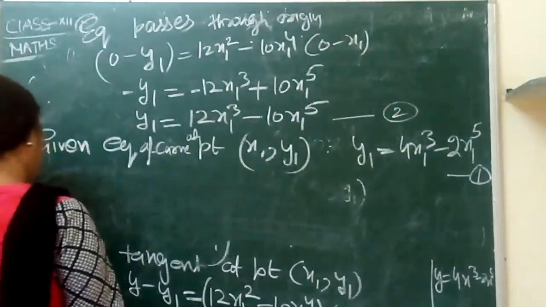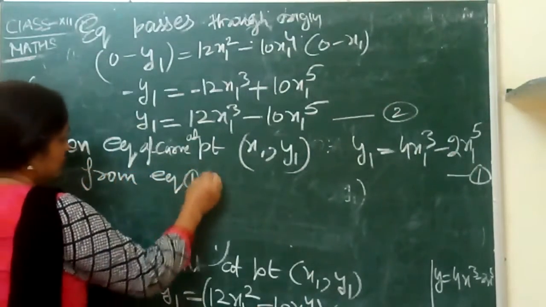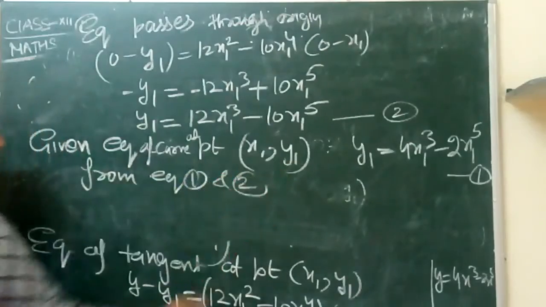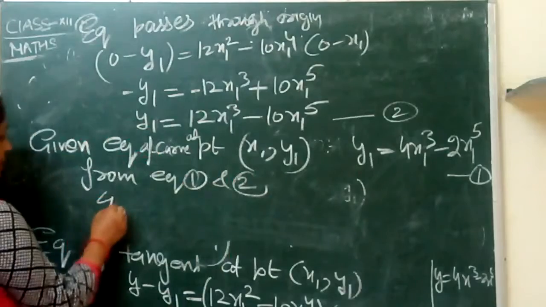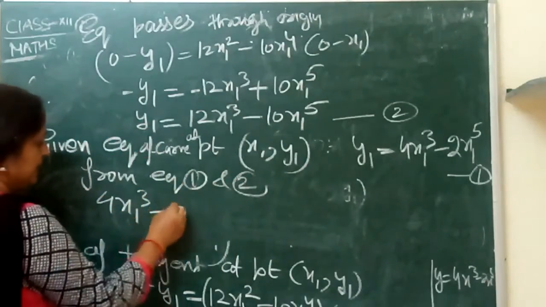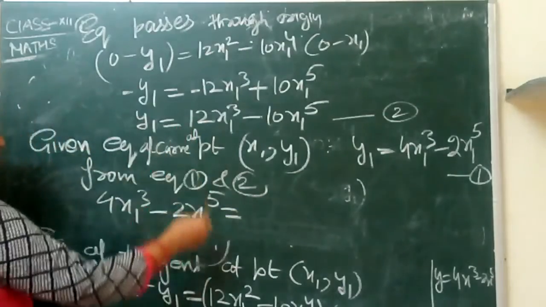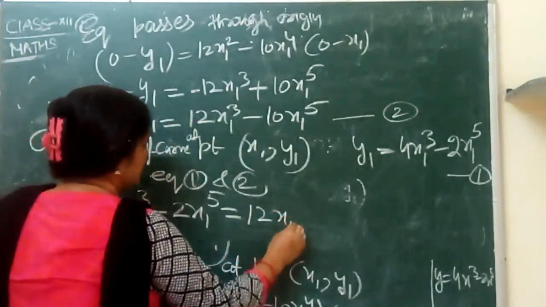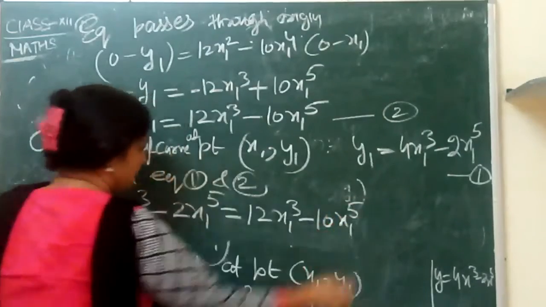From equation 1 and 2, we can put this value of y1 in the place of this. It will come 4x1 cube minus 2x1 raised to power 5 is equal to 12x1 cube minus 10x1 raised to power 5.